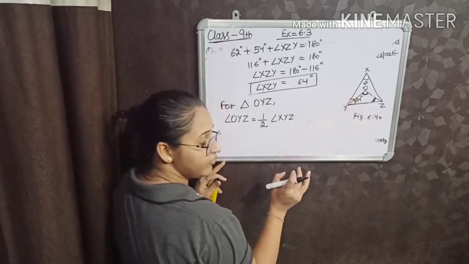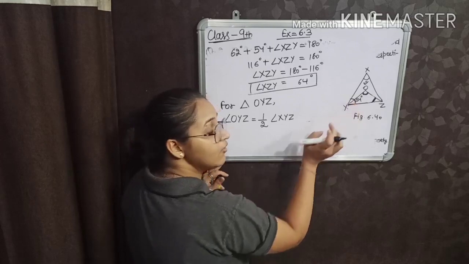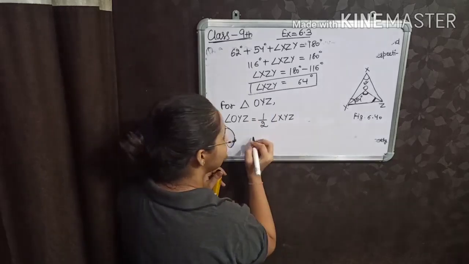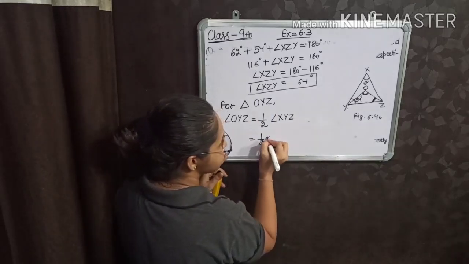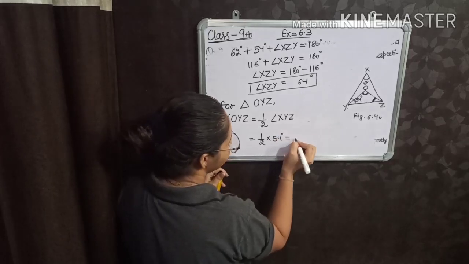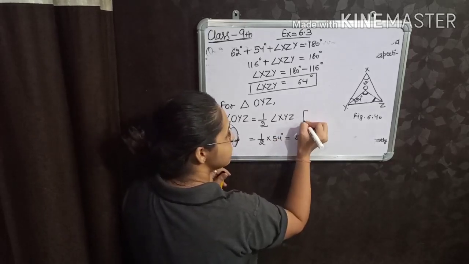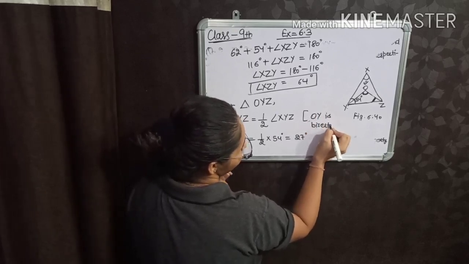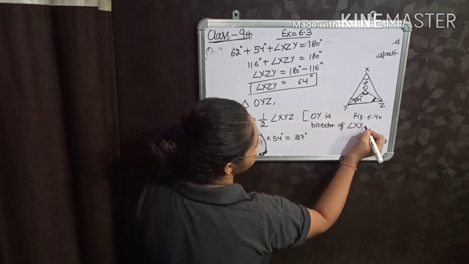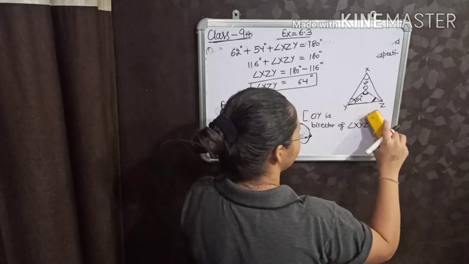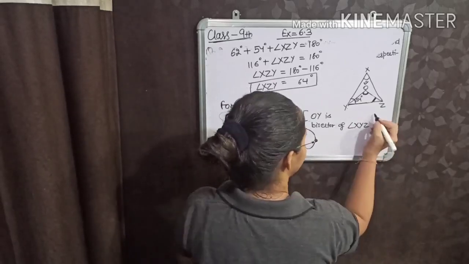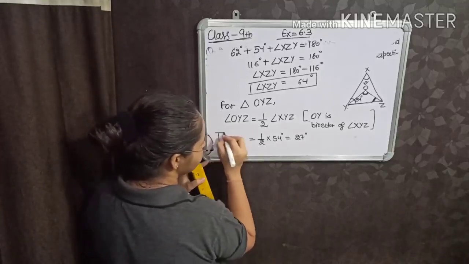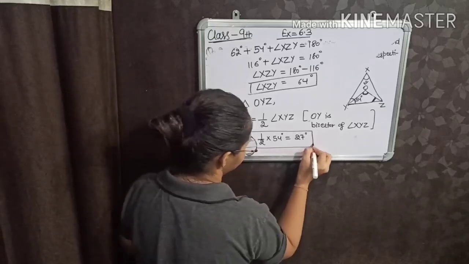If this complete is 54, then this small will be half of 54 because it is cutting this angle into two equal parts. So 1 by 2 and angle XYZ is 54 degree. It will give you 27 degree. And reason is OY is bisector of angle XYZ. This is the reason for this equation. Okay. So you have found angle OYZ. Smaller angle is 27 degree.